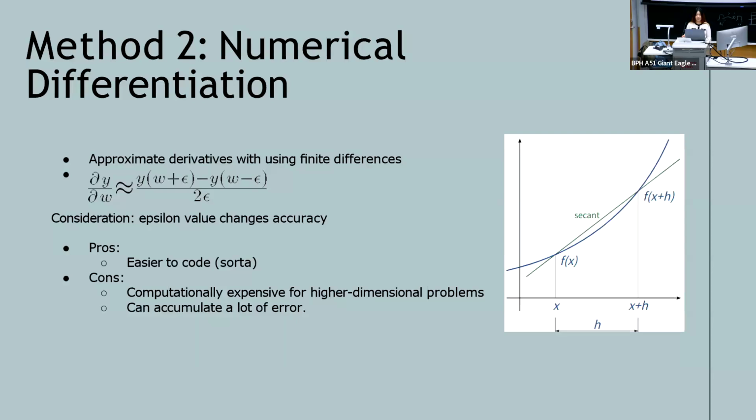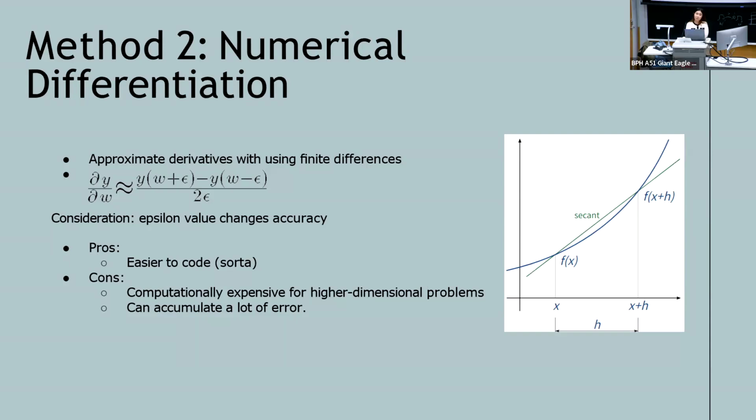We define an epsilon and then use 2 points to approximate the derivative for f(x). For the pros, it is really easy to code, but on the other side, it is really difficult to choose epsilon, right?